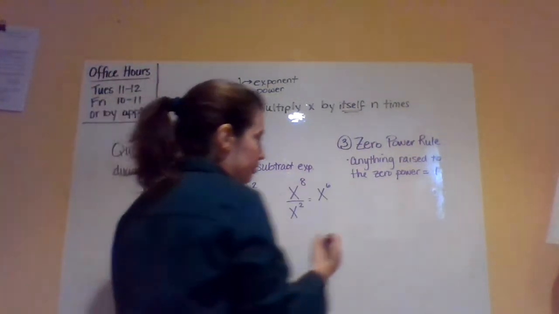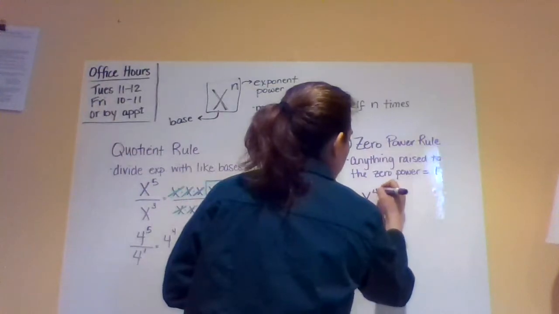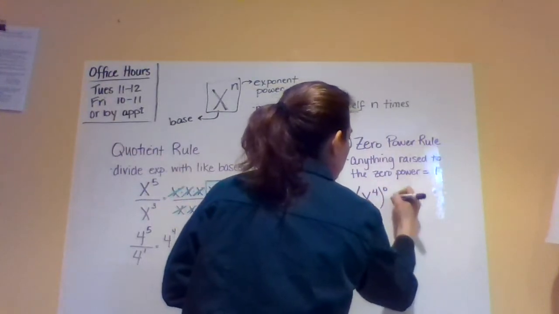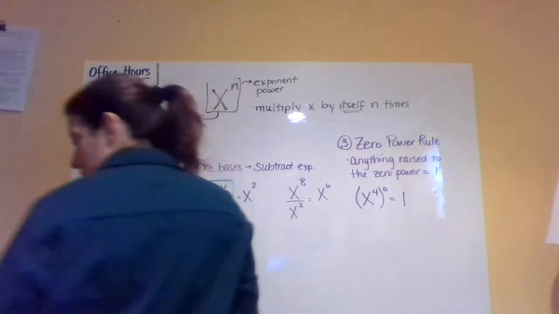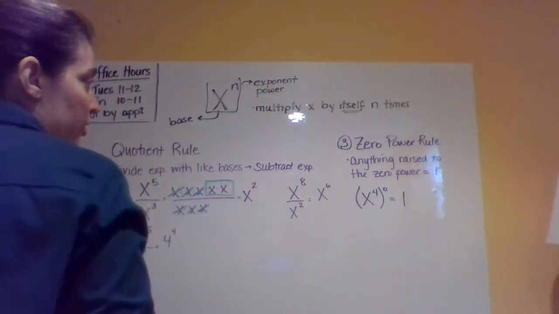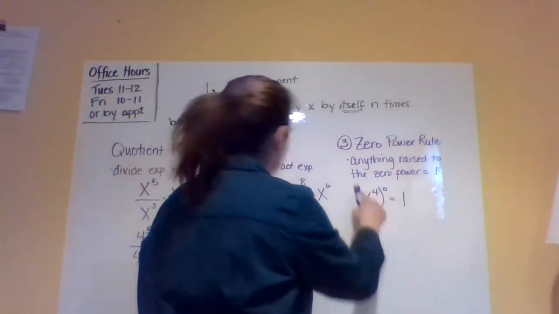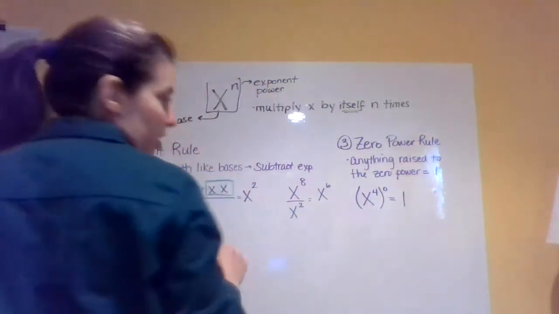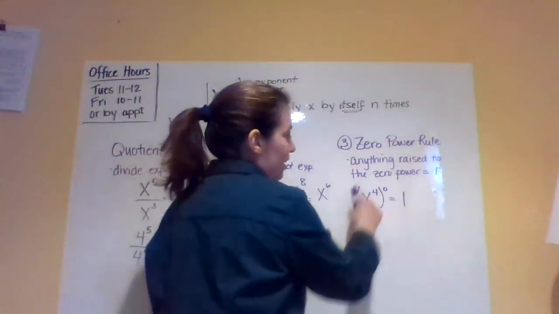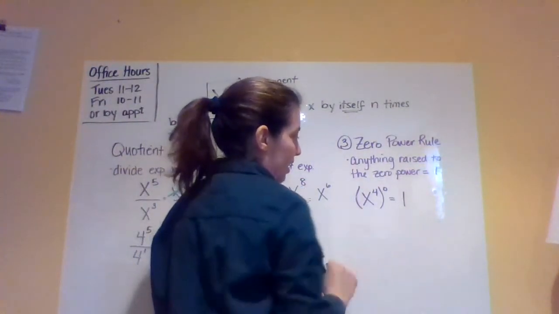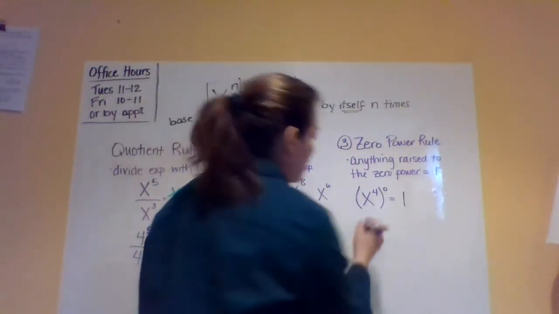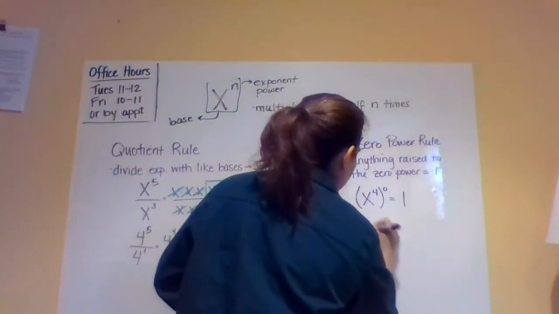So, for example, if I have x to the 4th to the 0 power, sorry, my cat's trying to get out of the room. This is being raised to the 0 power. That equals 1.